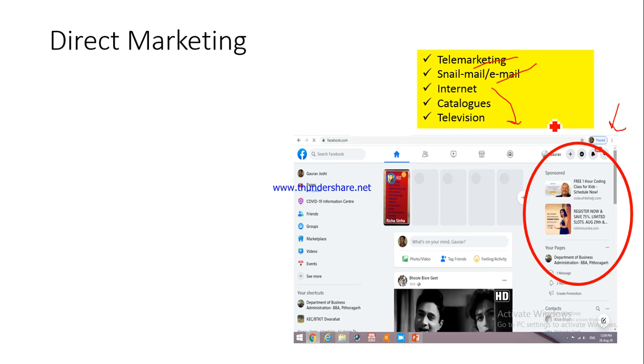We have got catalogs. For example, if a publisher wants to sell his books, what will he do? He'll prepare a catalog of all the books that he has, and then he'll send it across to a government degree college library, and the librarian would have a look, and then he would order some of these books. So this is an example of catalog marketing. And then we can make use of television also.